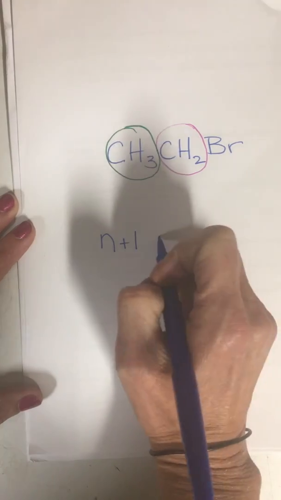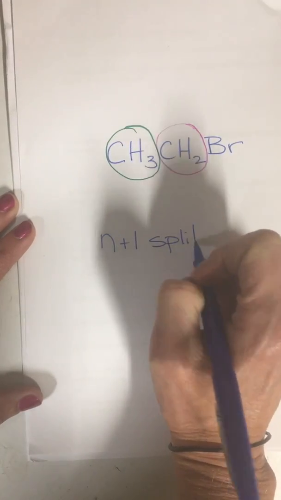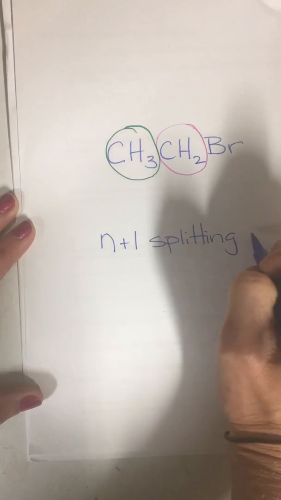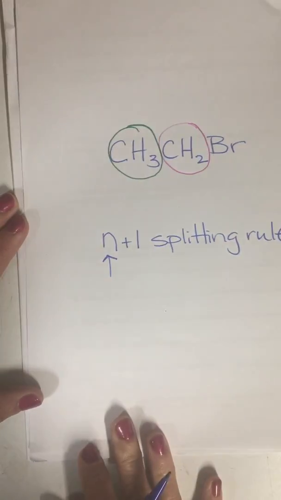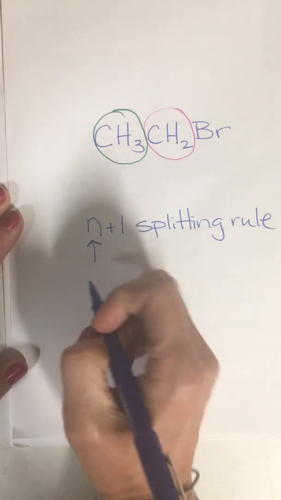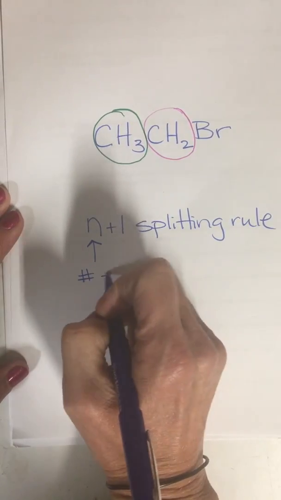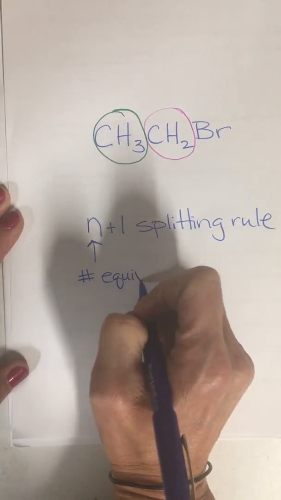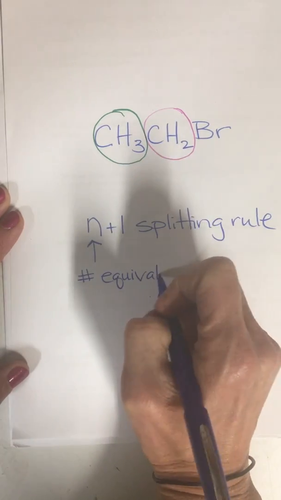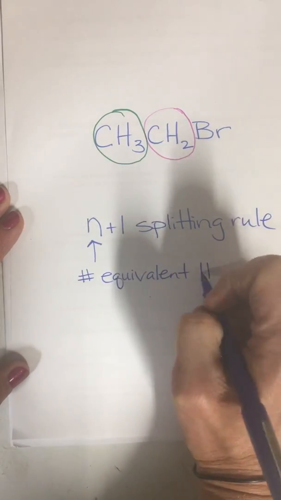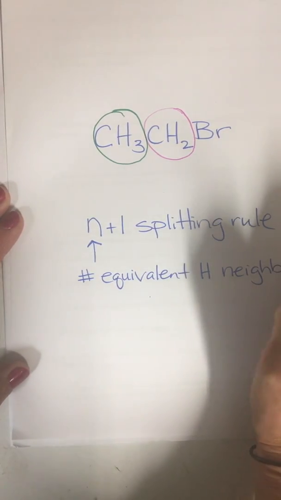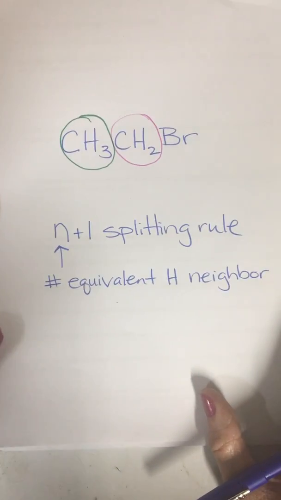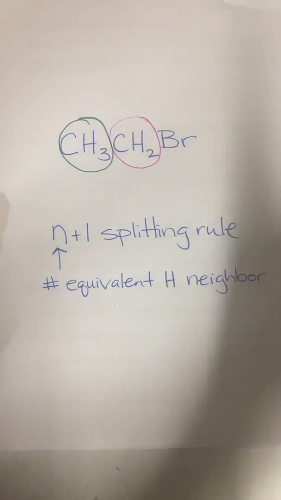The N+1 splitting rule, where N is the number of equivalent hydrogen neighbors. And when we say neighbor, we're talking about who is exactly adjacent to a set of hydrogens.